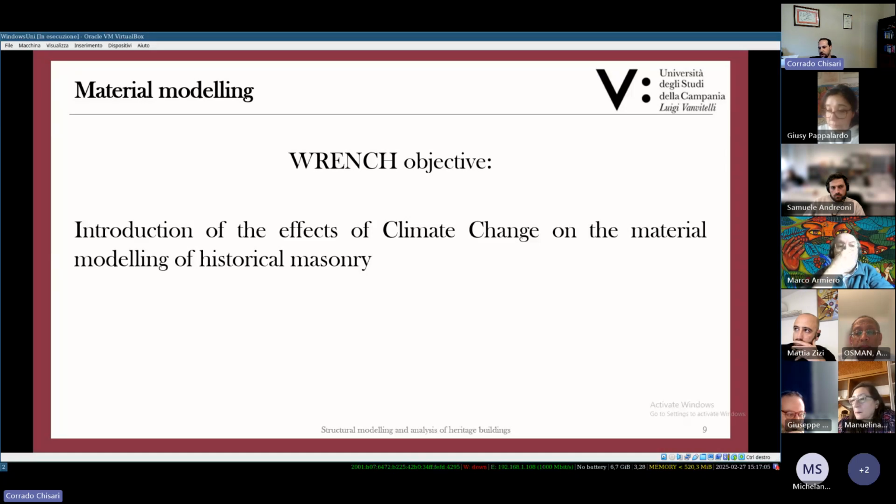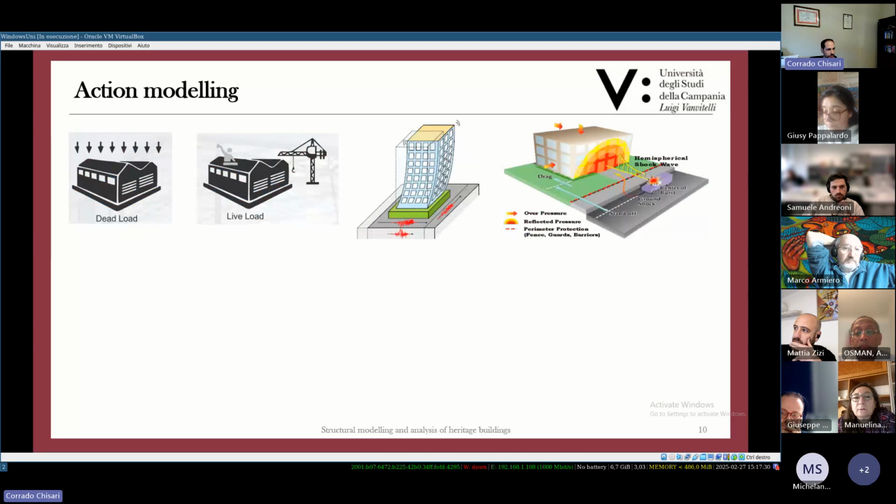So the effect of all the external situation like humidity, temperature, wind, whatever environmental action that will be affected by climate change can change the mechanical behavior of the single point, the small part of the structure where we have block and mortar.